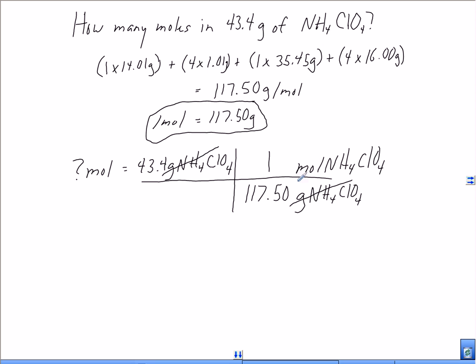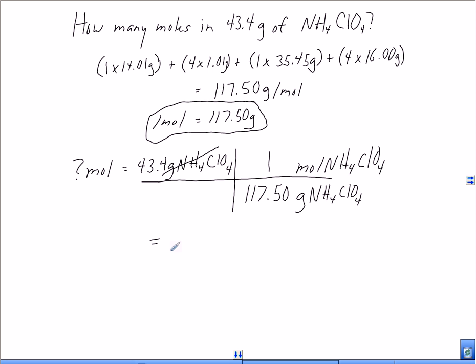Looks like I'm left with moles. I go over here. Moles is what I want to find. So I'm going to either multiply or divide. Well, I have a number in the numerator position and then 1 over 117.5. So this is a denominator. So if I'm going to simplify this, it's going to be 43.4 times 1 divided by 117.50.